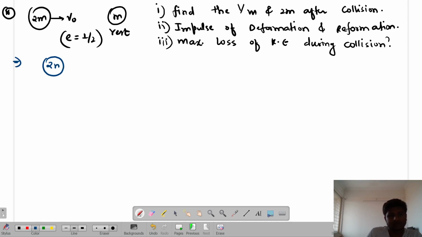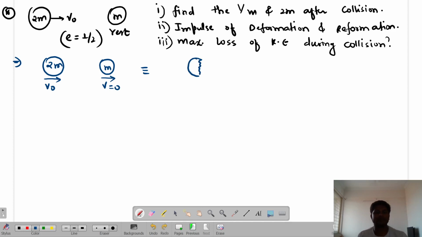So 2m is moving with velocity V naught. Then I have m which is at rest, isn't it? Now they collide. If they collide, they will deform.